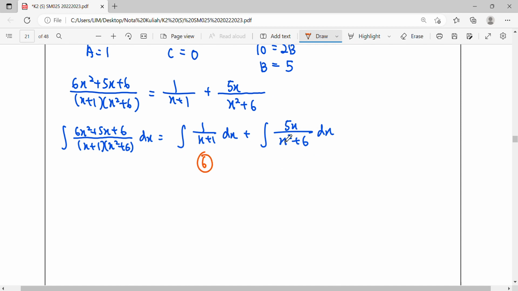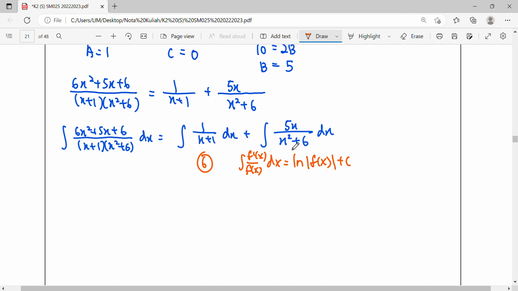For this one, it's also in fraction form, but the denominator is not linear anymore, so you can use the substitution method. From here, I want to introduce another formula, which is the formula of integrating f prime x over fx. It will give us ln fx, which is the reverse process from differentiating the ln function.